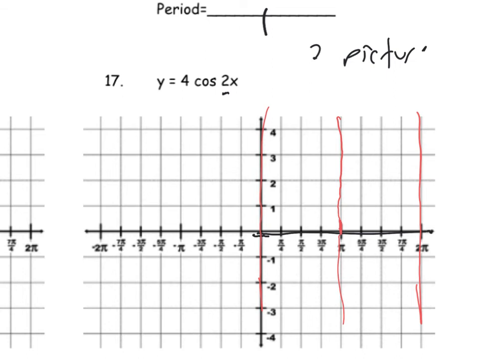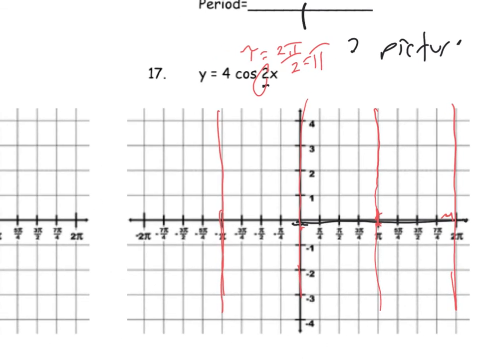How do I know it's at pi? Because my period is 2 pi over the 2, which means it finishes in pi radians. So if I'm starting at 0, it's going to finish in pi, and then I'm going to start again and finish in pi. So I'm going to do half the picture.